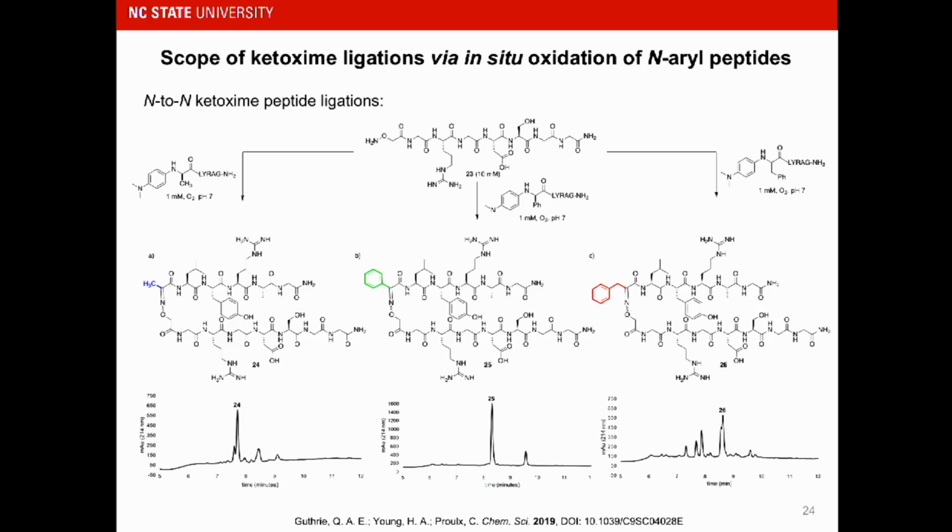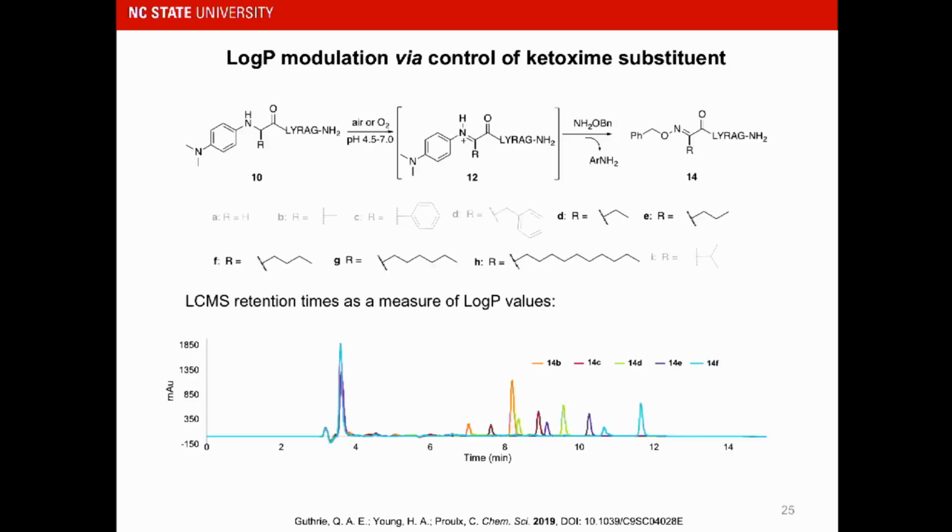I draw them in a folded conformation, but we haven't looked at their conformation just yet. One thing we're really excited about is, in cases where you have clearly one major product, can we figure out if this is the E or the Z oxime, and can we then control the conformation of these peptides based off of sterics on these side chains at the site of ligation?